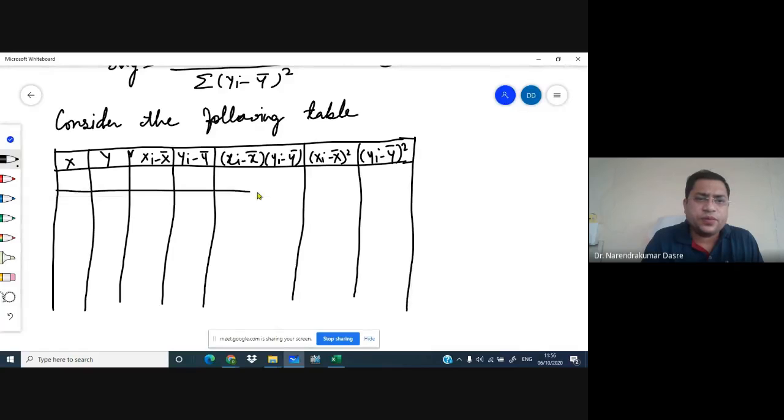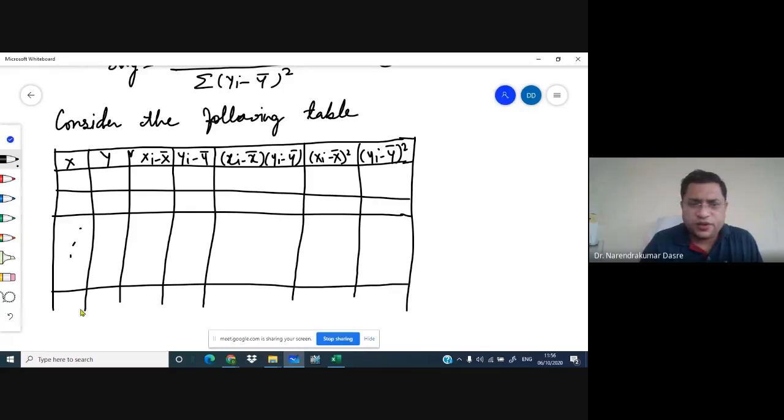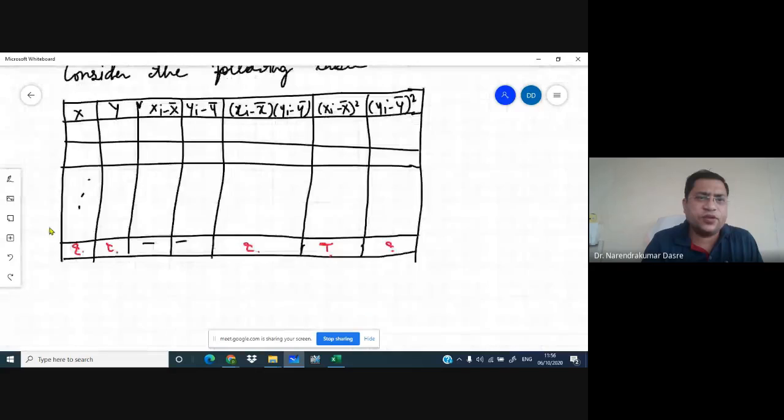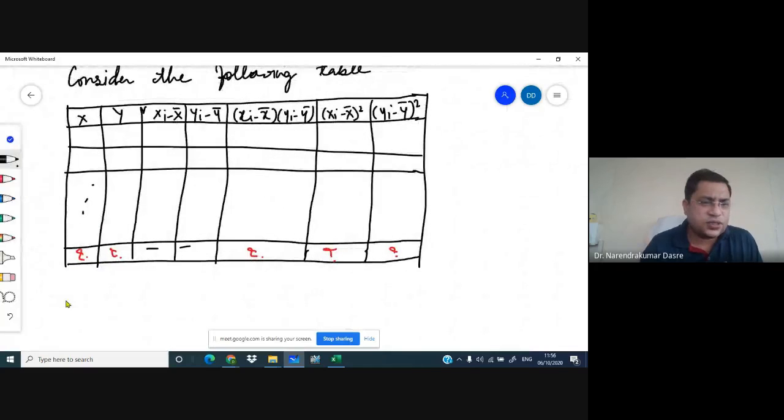Okay, so these are the columns we have, and this is the table we'll have. We are not interested in these two figures. We are interested here. So these are the columns of our interest. What we have to do is find out what these figures are.